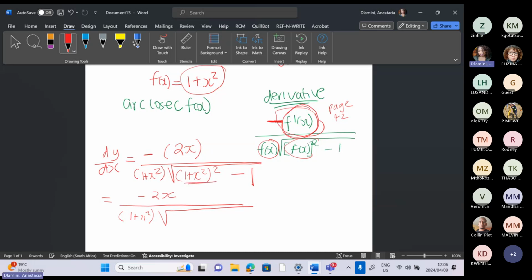Simplify inside here. So this is 1 plus 2x squared plus 2x to the power of 4 minus 1. Are we all together? Yes, ma'am. With this one in here, can I please ask, are there people who are still doing this? 1 plus x squared times 1 plus x squared.